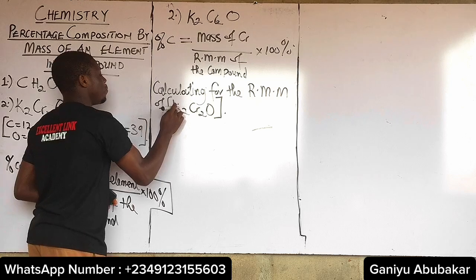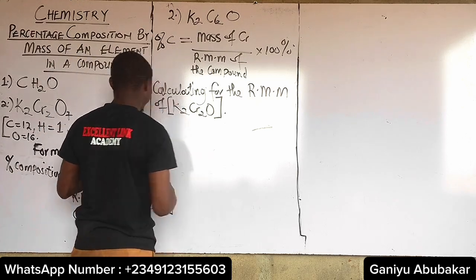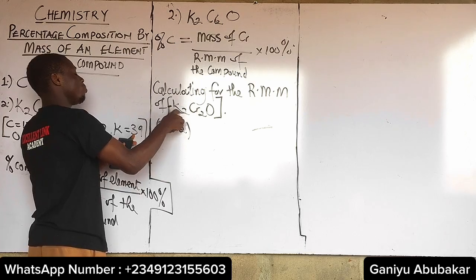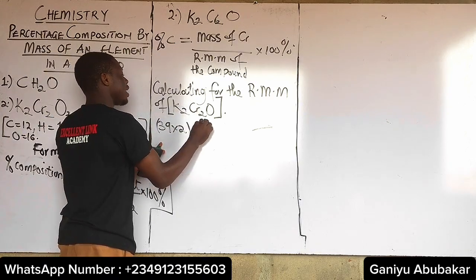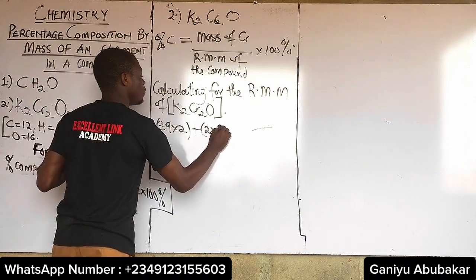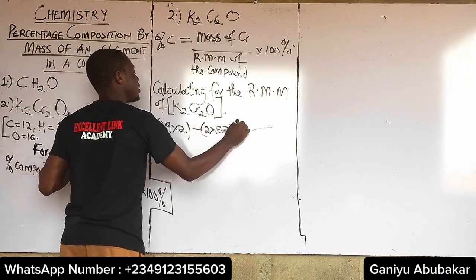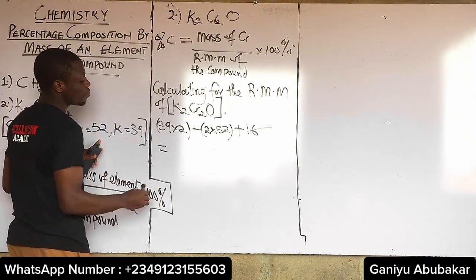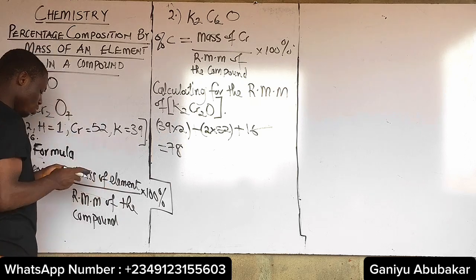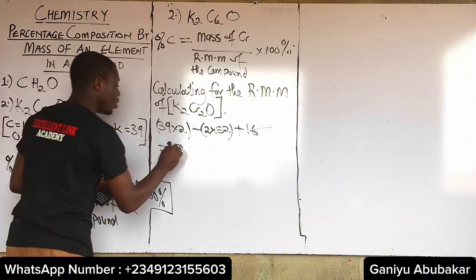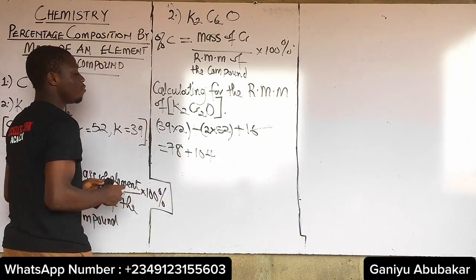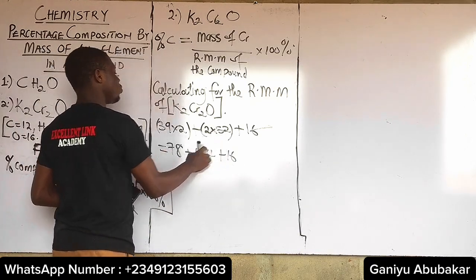All right, having potassium here, what's the mass of potassium? That's 39. 39 times 2, 2 atoms of potassium, plus 2 atoms of chromium, that's 2 times 52, plus the oxygen, that's 16. 39 times 2 is 78, plus 104, plus 16. 2 times 52 gives 104.